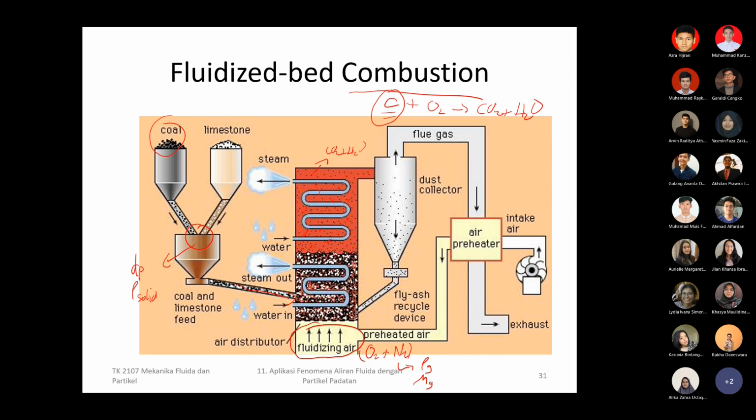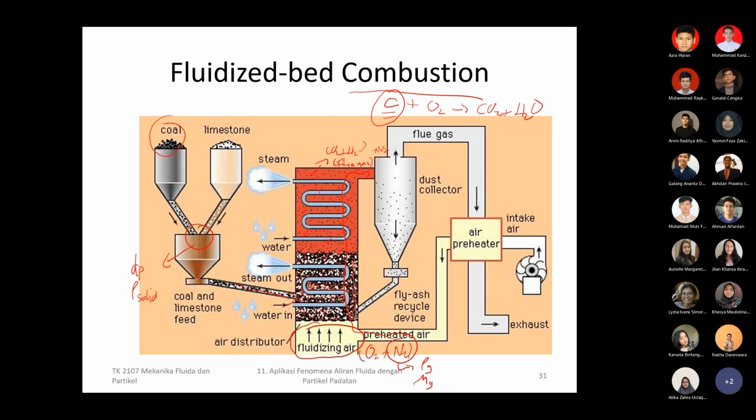If you've heard anything about flue gas, that's the product of combustion, CO2 plus H2O. Maybe there is still nitrogen, because nitrogen is inert, so it just passes through the system and is sent to the stack. Here you can imagine that the solid particle becomes smaller and smaller.